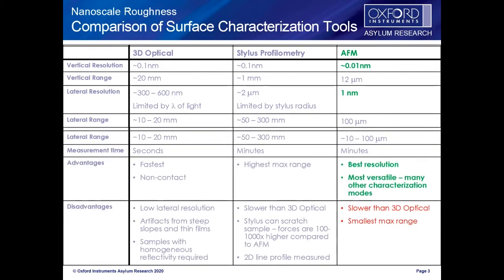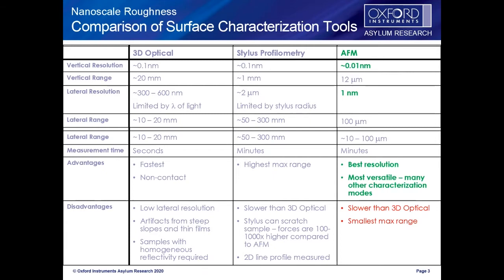Now, the measurement time is one of the areas where people feel like taking AFM measurements is like watching grass grow. But things have changed. AFMs have become a lot faster and a lot easier to use. And it no longer takes tens of minutes or hours to take AFM measurements.